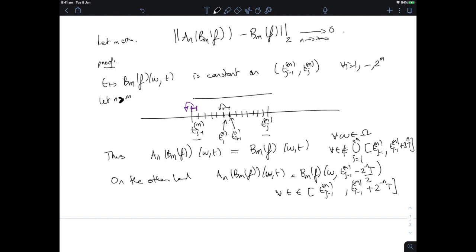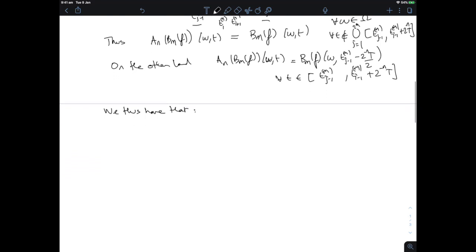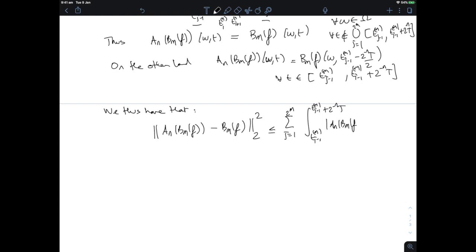So what have we got? How do I write that? So we just have that the L2 norm of A_n B_m f minus B_m f is smaller than the sum from j equal 1 to 2^m, squared, of the integral from t_{j-1}^m to t_{j-1}^m plus 2 to the minus n T, of A_n B_m f of omega, t minus B_m f of omega, t, squared, dP(omega) dt.